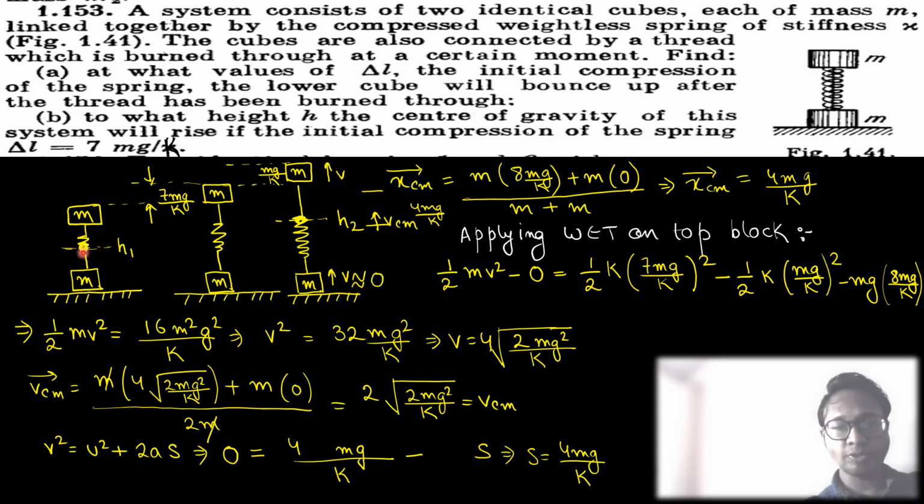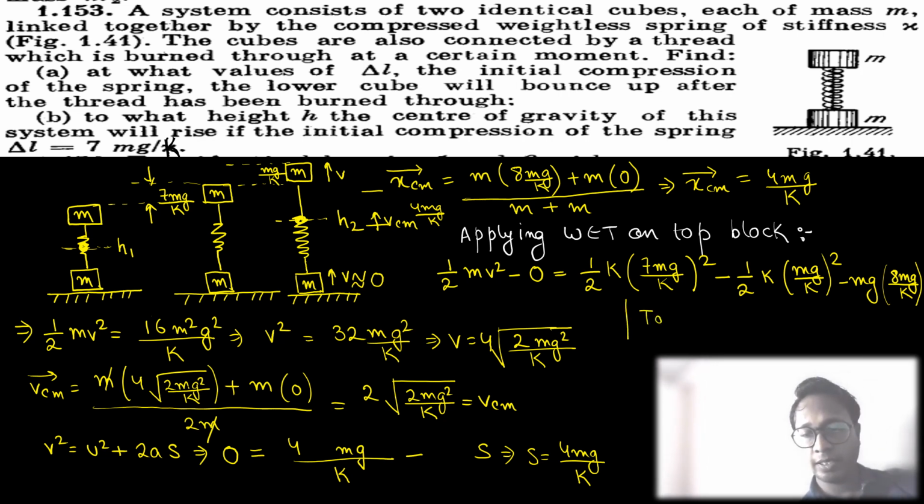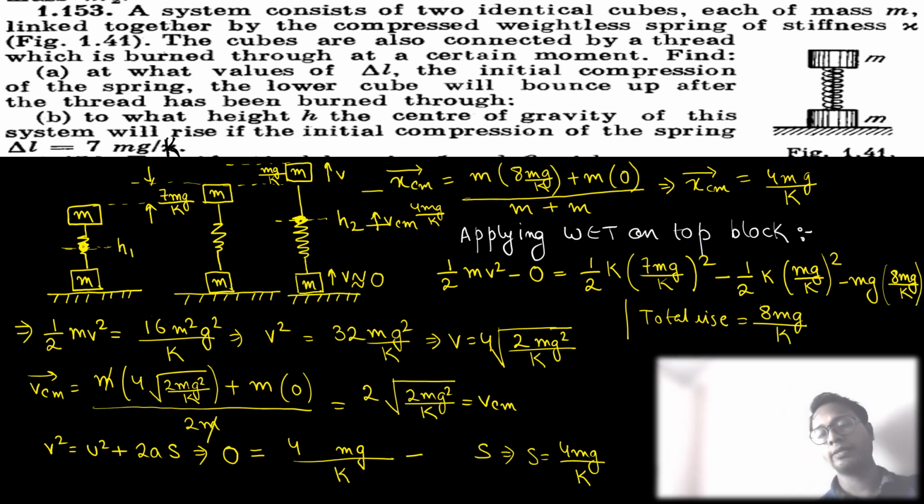From this position h1 to h2, it has risen by 4 mg by k, and from h2 to the final point, it has risen by 4 mg by k. So total rise in center of mass is 4 mg by k plus 4 mg by k, which is 8 mg by k. So this is the concept that we apply in this problem.